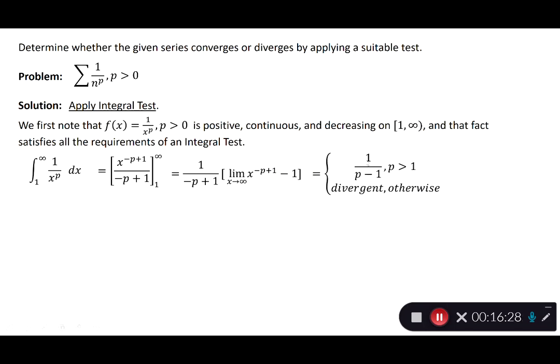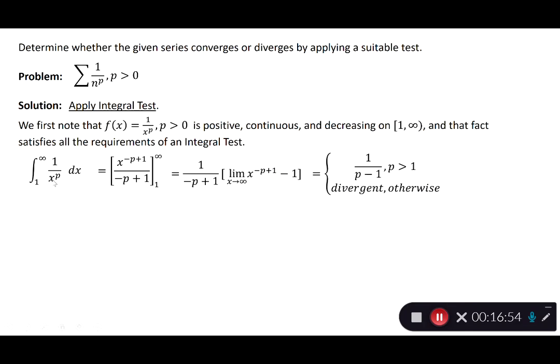So in the event where this limit goes to 0, we have 1 over negative p plus 1 times negative 1, which makes it 1 over p minus 1 whenever p is greater than 1. And for all the other values, that is p between 0 and 1, this integral would diverge.